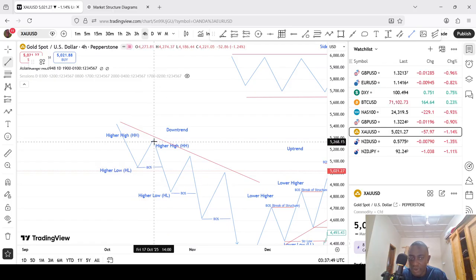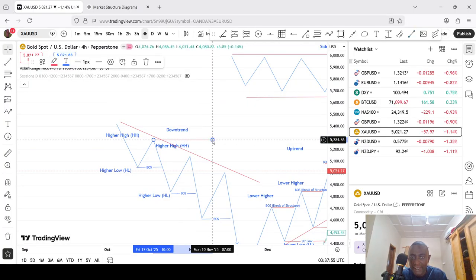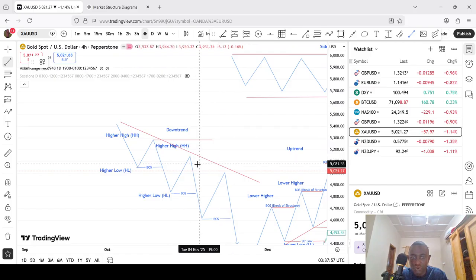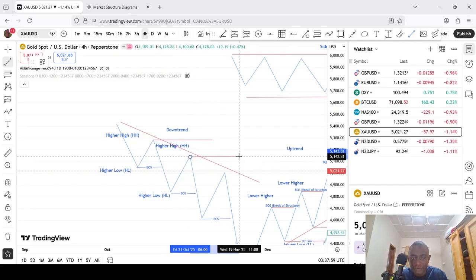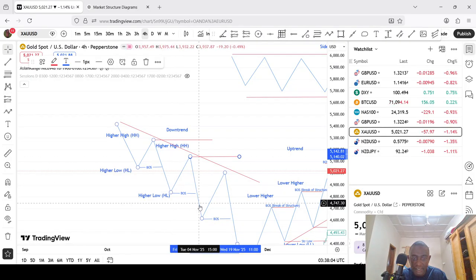And once this point breaks this point, this one will be our strong high. You understand? So here too, the same thing, because it used this point to break this. So here should be strong. Price shouldn't go above it.